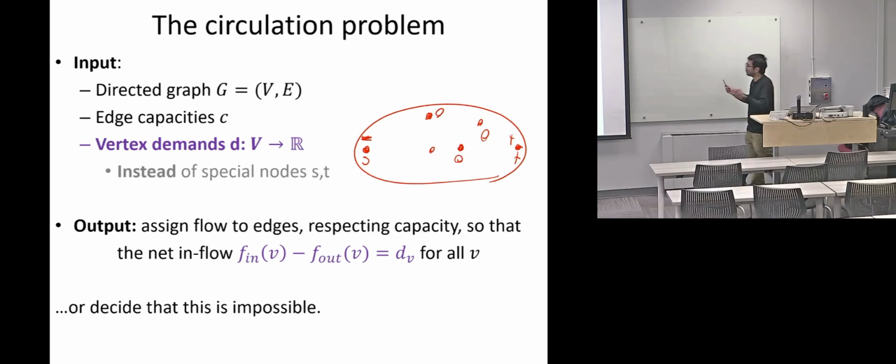But now we just want to find a flow such that we can satisfy the demand on every node, or say that it's impossible.